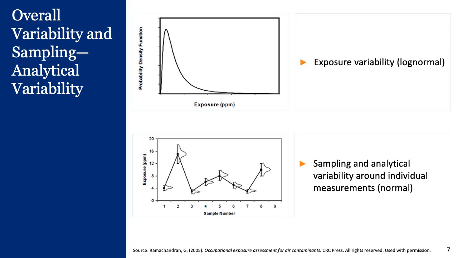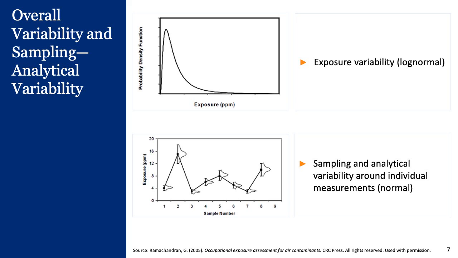And this reflects the overall variability, meaning that it incorporates both the within and between worker variability within this group of workers. The bottom graph actually shows the measurements from which the log normal distribution was inferred.